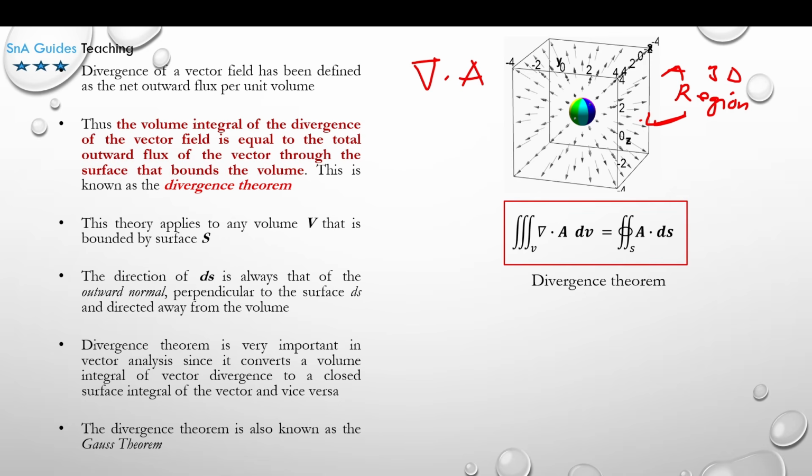It could be a cube or even a sphere surrounding a charge. Now you have two options. The first one is to integrate over the entire surface, the entire closed surface, very important, surrounding the region, right?